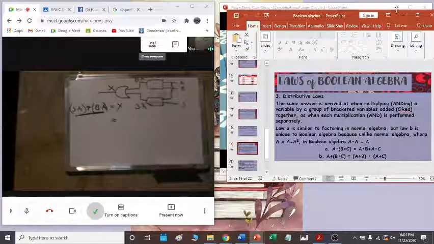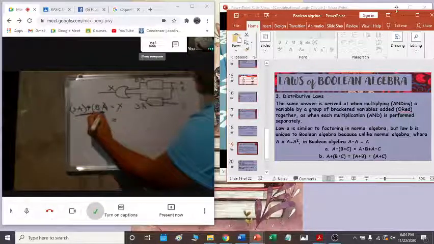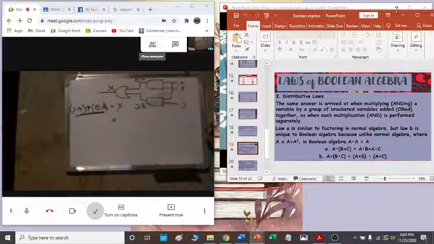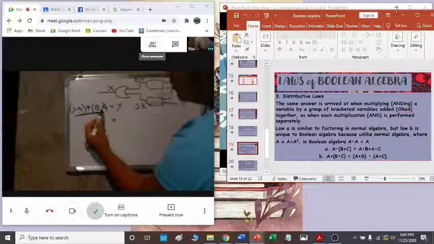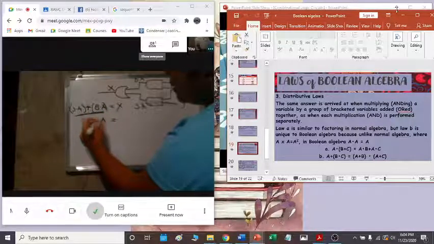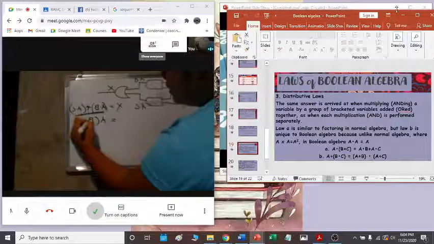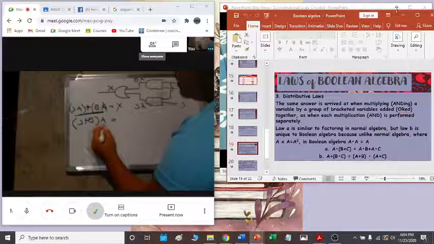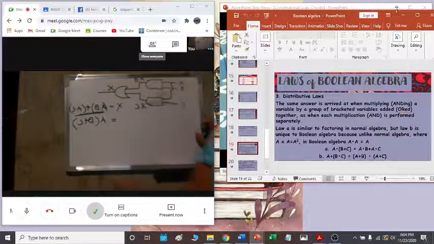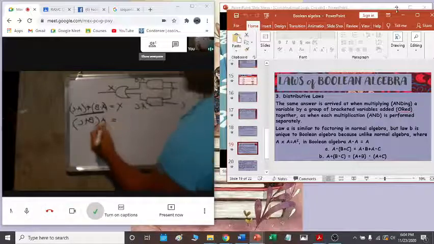So this theorem, the distributive theorem in Boolean algebra, could be used. A times B plus A times C, we can factor out the common term, which is A, and what remains is B plus C. So A times B plus A times C is used for the simplification process.